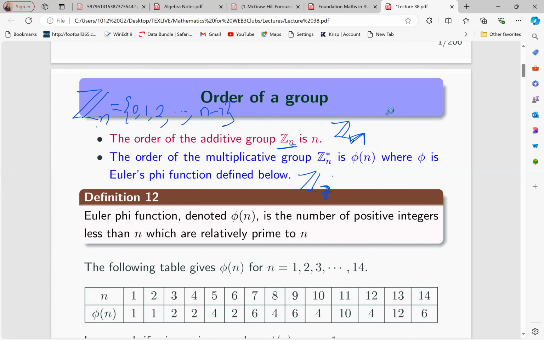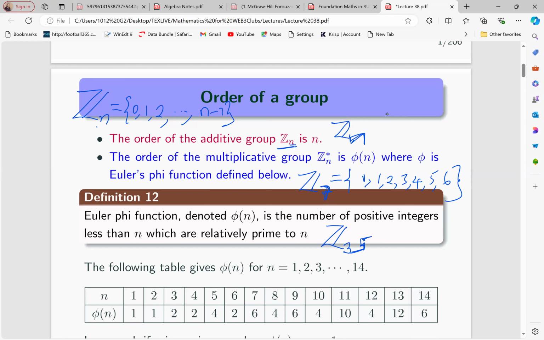So it has 7 elements, and the 7 elements are 0, 1, 2, 3, 4, 5, and then 6. These are the 7 elements in this group. So if anybody writes this for you with 35, then you must know that this is an additive group with 35 elements. So the order of this group is therefore 35.